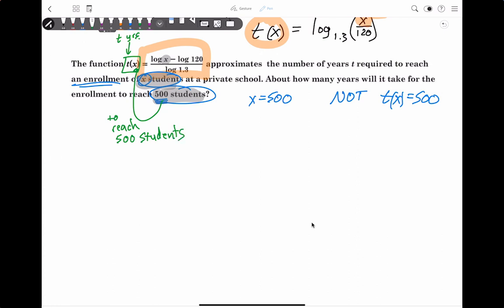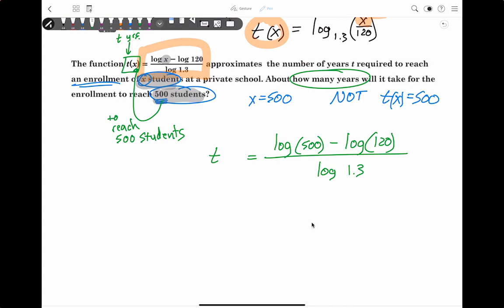Simply, we're just going to put this value of 500 inside. So we'll have log of 500 minus the log of 120, over the log of 1.3. Now we're going to see what that t is. So T of x, otherwise just t. How many years will it take?